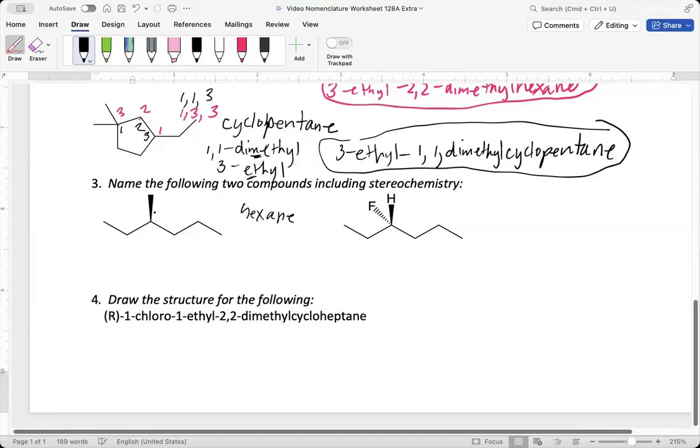And the substituent we have is a methyl group. And remember that we now need to locate that substituent. Obviously, if I started numbering at the right, it would have a much higher number than if I started at the left. So we've got 1, 2, 3. So the name is 3-methylhexane.